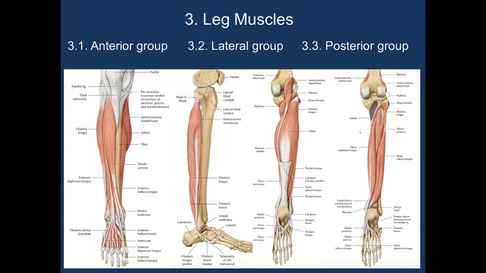Leg muscles also have three groups, in comparison with the forearm, where there are only two groups, and we distinguish the anterior group, and the lateral group, which has only two muscles, and the posterior group.